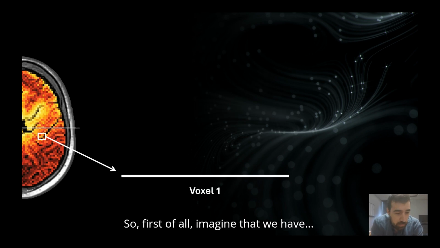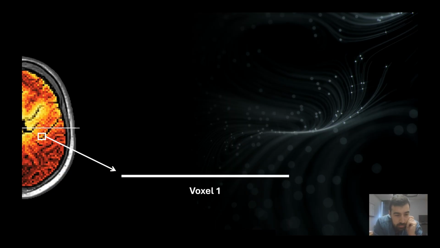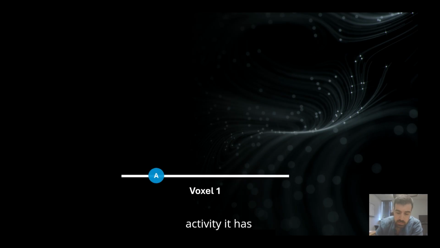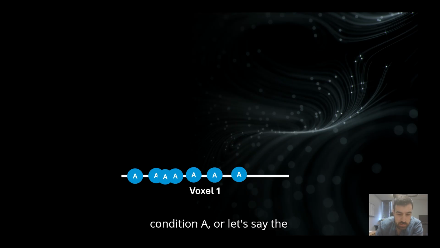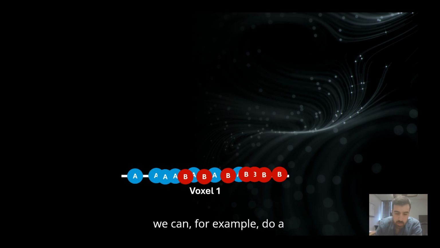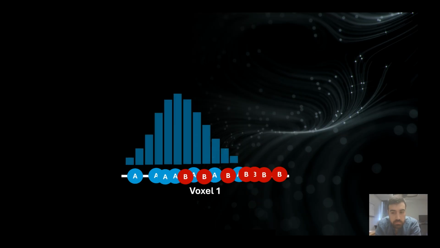So first of all, imagine that we take one little point of this huge brain, a voxel. This first voxel is indicating how much activity it has for one trial, let's say condition A, or let's say condition B. Once we have all the conditions for this voxel, we can, for example, make a histogram.